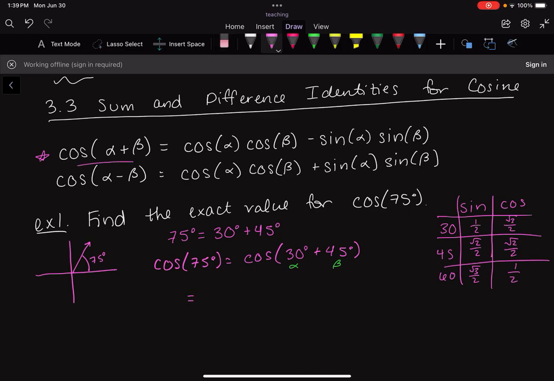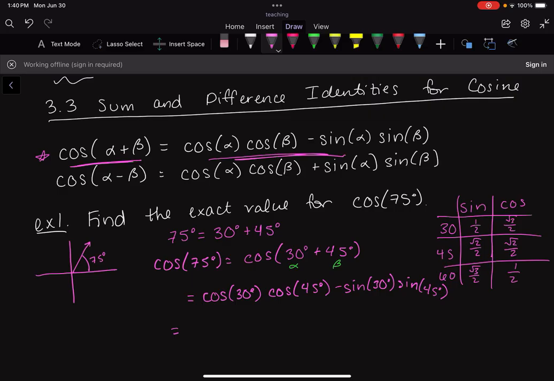So I'm going from this side to this side. So this is going to be cosine 30 degrees times cosine 45 degrees minus sine of 30 degrees times sine of 45 degrees. Sorry, I ran out of space there.